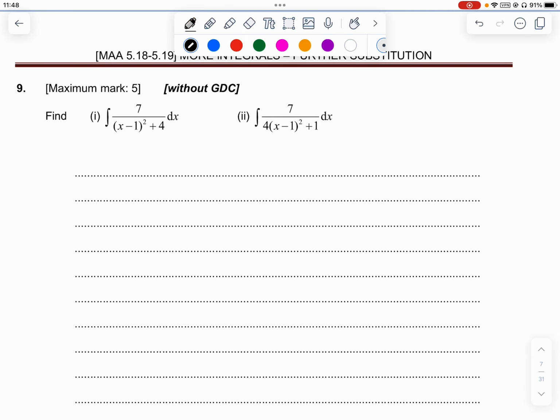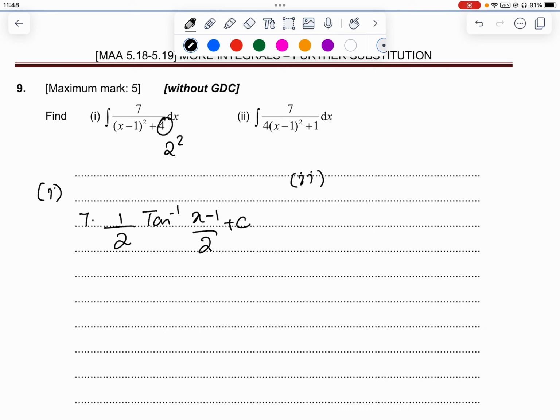Question number 9. 7 upon (x minus 1) whole square plus 4. So 4 can be written as 2 square. So 7 times 1 upon a tan inverse of x upon a plus c. That is the first part.